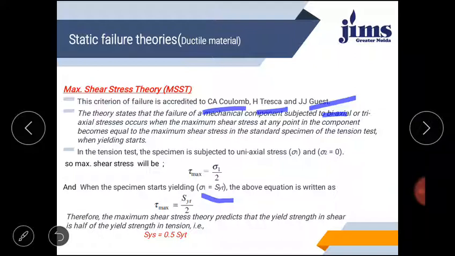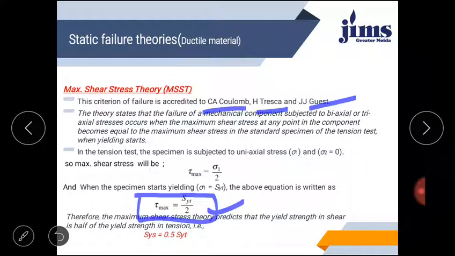At that moment the material will start yielding. So in this equation we can put SYT in place of sigma 1. In this way we will have a result that will be used in many cases. When we design something on the basis of maximum shear stress theory, the maximum shear stress can be calculated with the help of this formula.